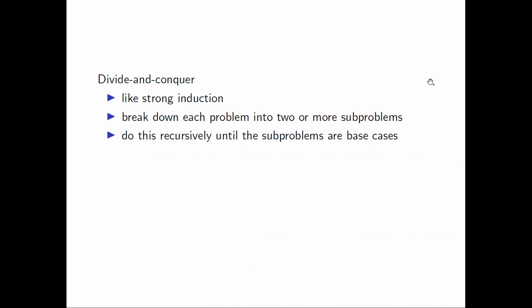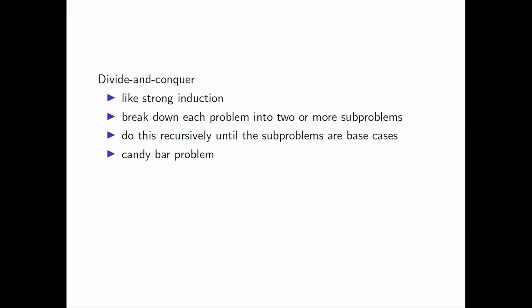And we can think of some specific examples in which the strong induction proofs are really like a divide and conquer. So for example, that candy bar problem where we had a candy bar with n unit pieces and you're only allowed to make breaks between the pieces. And we said that the candy bar with n pieces requires n minus 1 breaks in order to break it into only unit pieces.